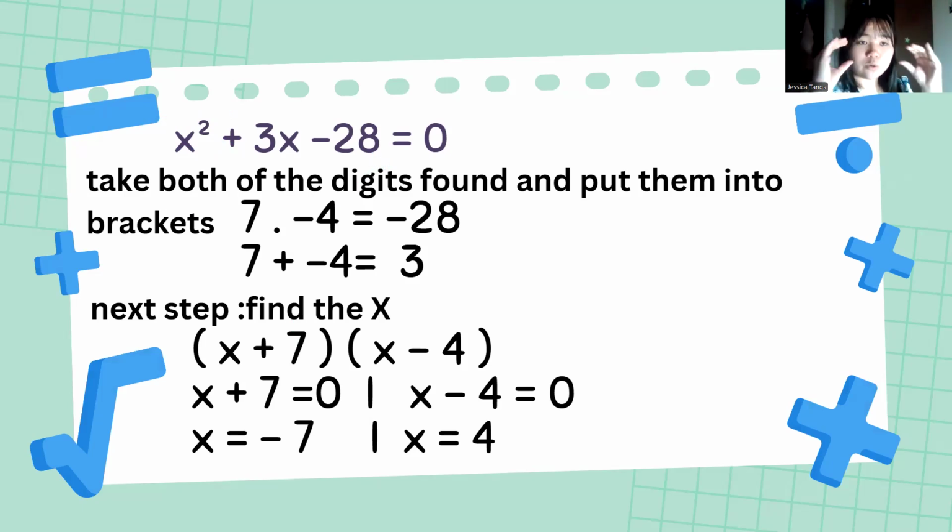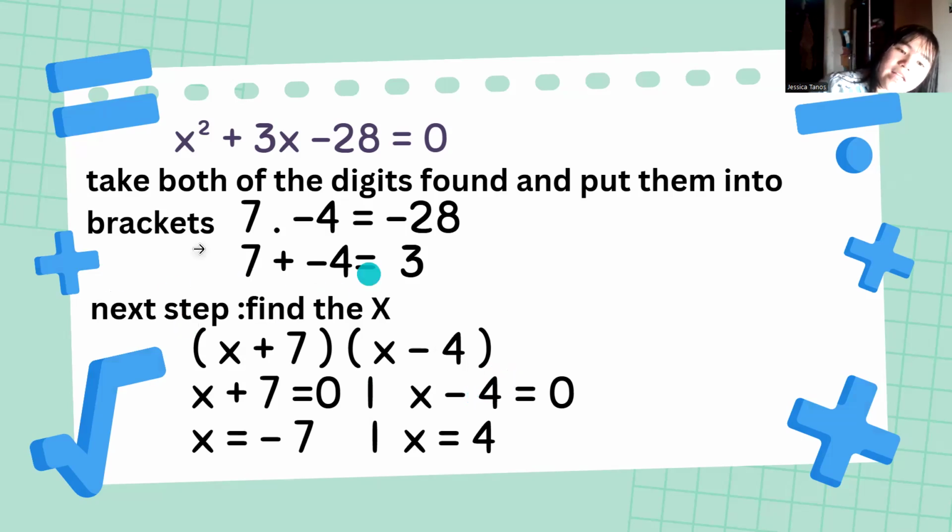Then we add the two variables that we have found inside of them. Can you get that? Okay, so as you can see, we put each variable in each bracket. So x plus 7 and x minus 4.